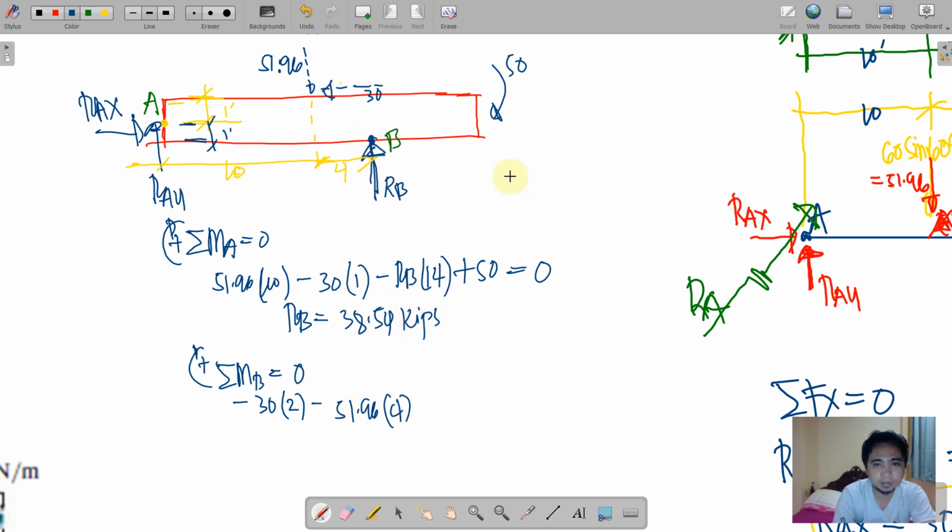And then this one, plus 50. What else? We have RAX is located at the center. So RAX times 1. And then plus RAY times 14.